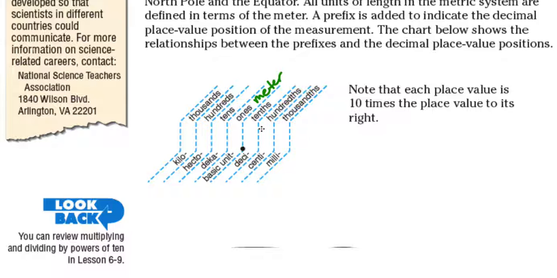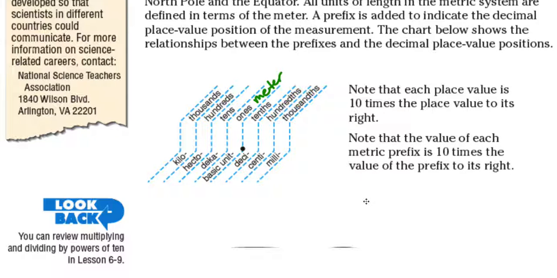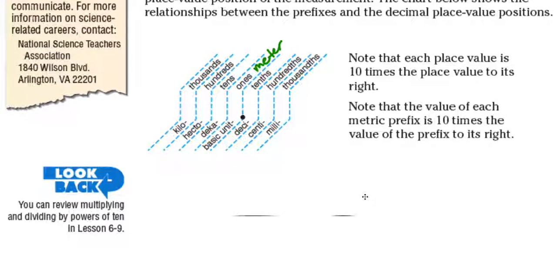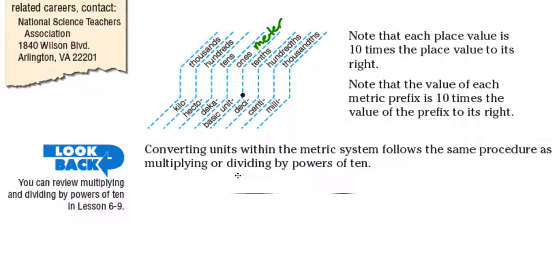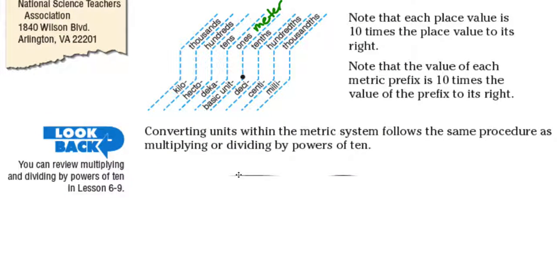We also need to take note that the value of each metric prefix is 10 times the value of the prefix to its right. Converting units within the metric system follows the same procedure as multiplying or dividing by powers of 10. And that's why the metric system is the easiest method to use.